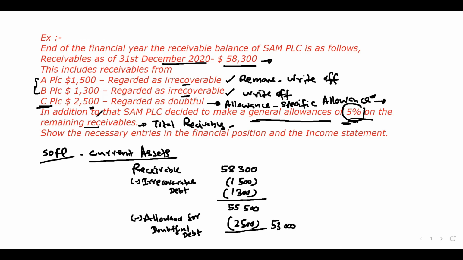In addition to that, the company decided to make a general allowance of 5% on the remaining receivables. So the remaining receivable is 53,000. Therefore, now I will take it here. We have a 53,000 receivable balance now.